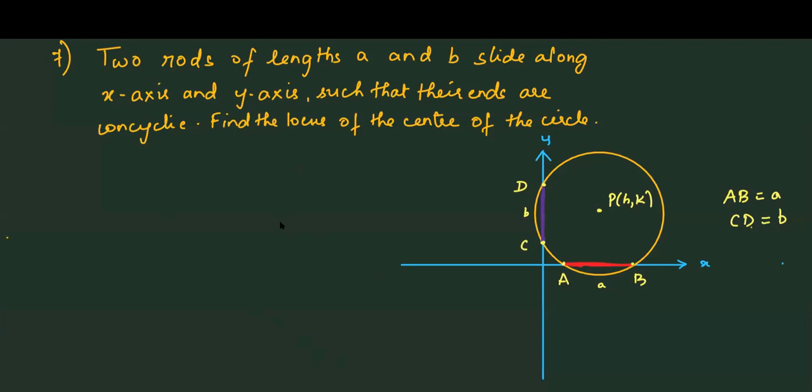Now I'll explain very simple geometric properties. Because the four ends are concyclic, they are lying on the circle. Now P is the center of the circle. AB becomes a chord of the circle, and CD is also a chord of the circle.